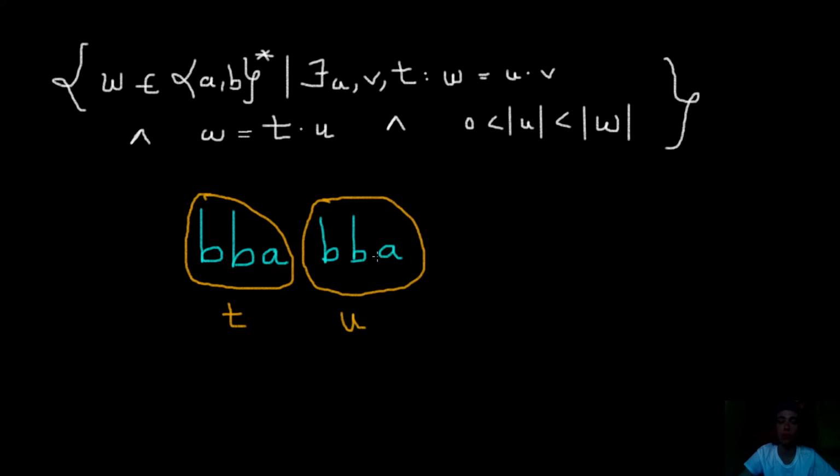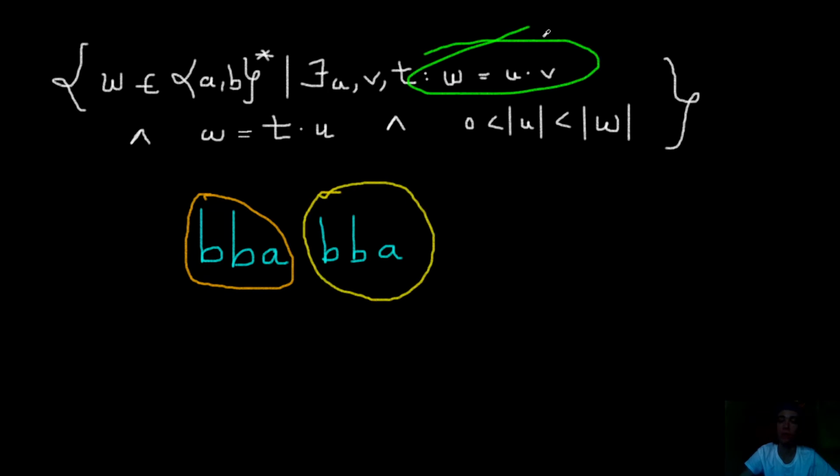So in this case, this is the same u. What's more important to note is that in this other decomposition, w is uv. So this is u and this is v. Then when we do this decomposition, this is t and this is u.